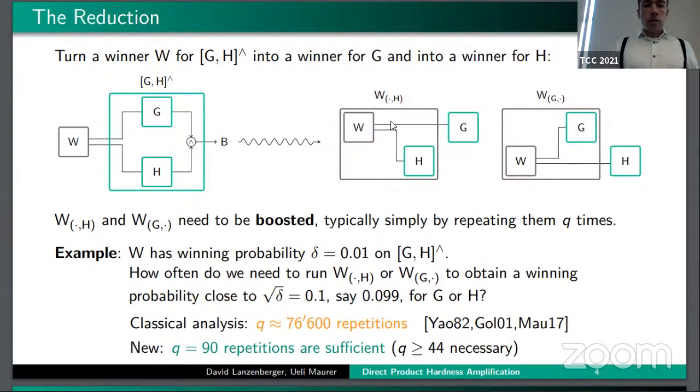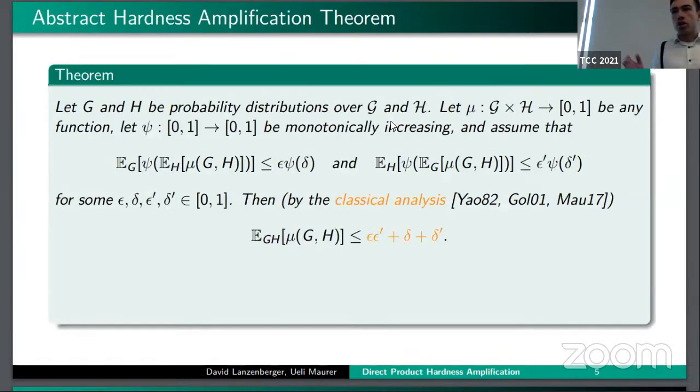There's no time to show the actual result, but I display it to give you the idea of the level at which we phrase the result. The main message is that it's just about expectations over probability distributions, and then some functions, mu and psi, where psi corresponds to the boosting, and mu corresponds to the winning structure of this winner for the AND product that we've assumed.